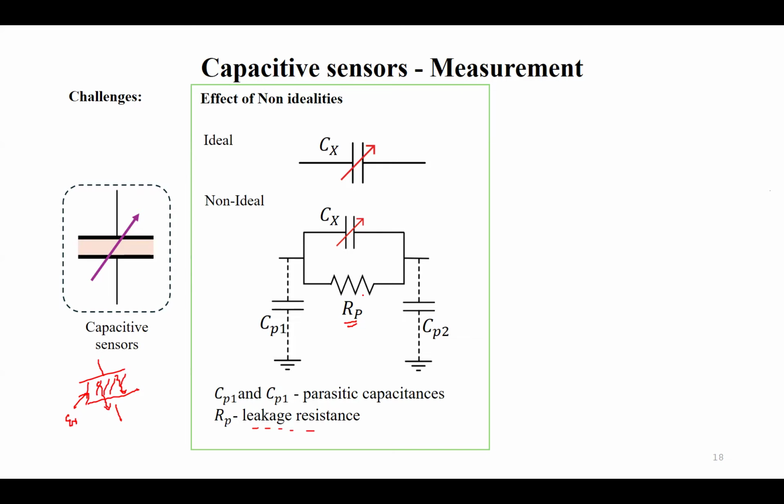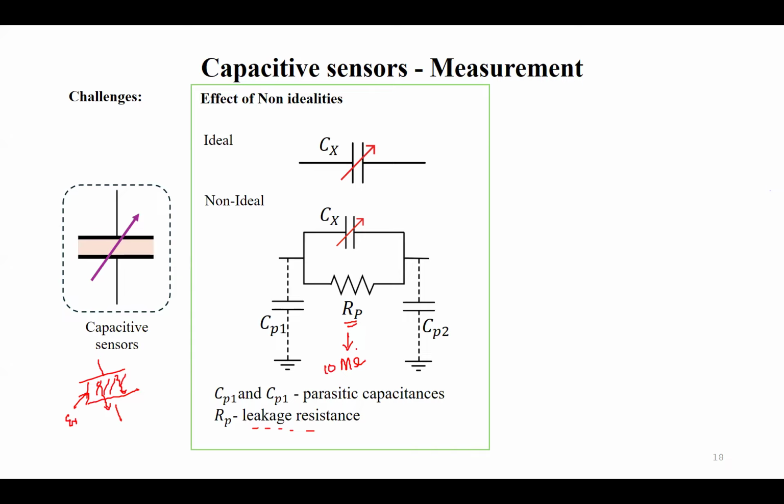Right? So in the non-ideal case, we should model the capacitance Cx as kept in parallel with Rp. In the usual case, Rp will be in the range of mega ohms or hundreds of mega ohms for a normal capacitor.